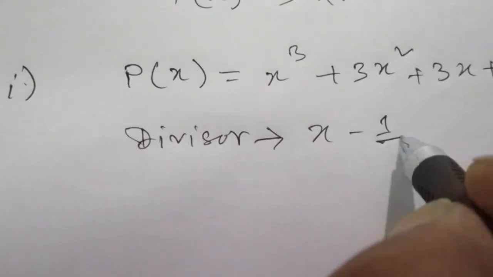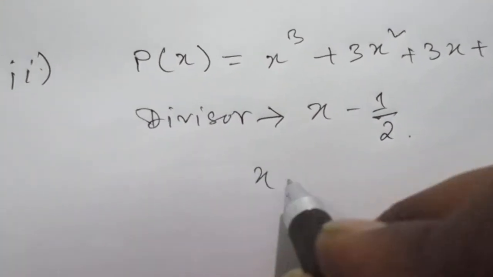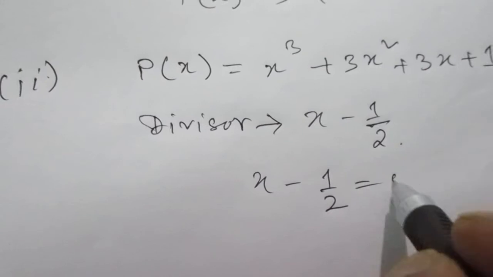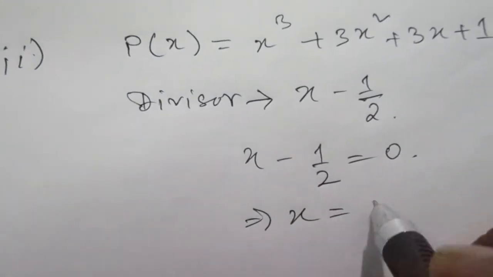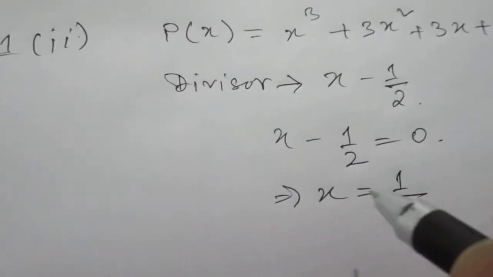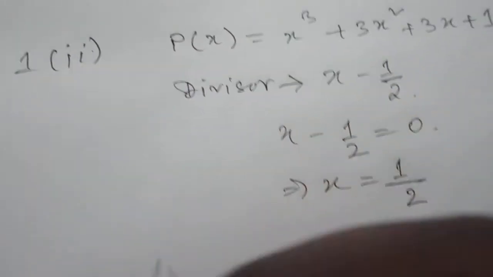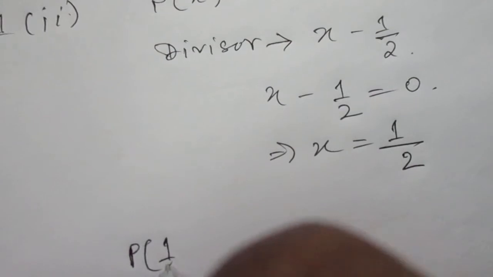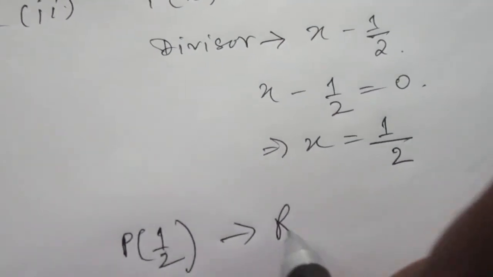Now we will form an equation with this divisor: x minus half is equal to 0, that means x is equal to 1 by 2. Now we will put this value x equal to 1 by 2 in p(x). So p(1/2) is the remainder.